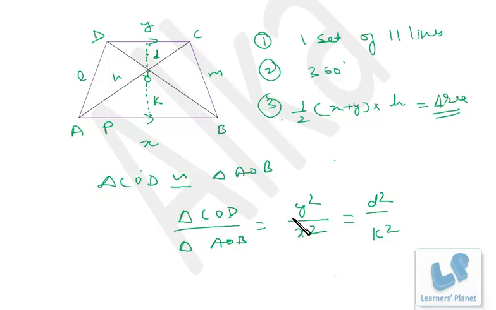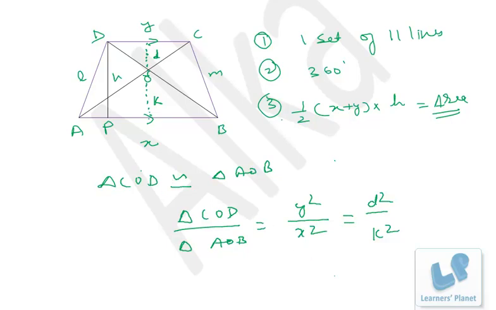That means if the two triangles are similar, their sides will be in proportion, their altitudes will be in proportion, their angle bisectors will be in proportion, and their medians are also in proportion. So if the two triangles are similar to each other, then their areas are in the ratio of the squares of their sides. That property is very useful while we'll be solving problems based on trapezium.